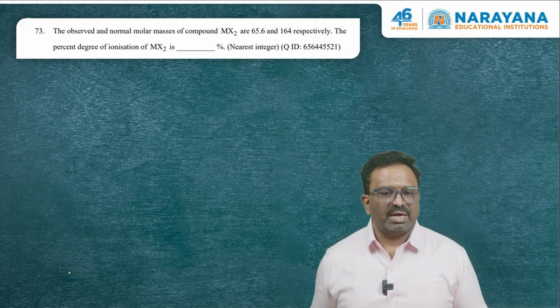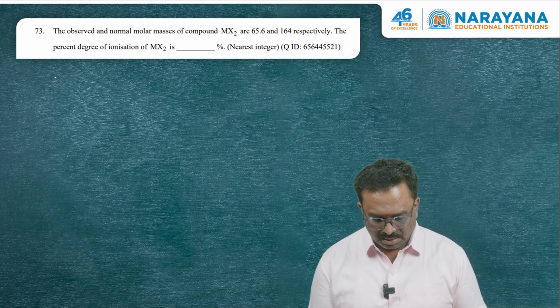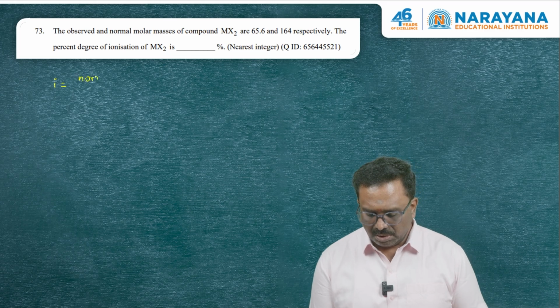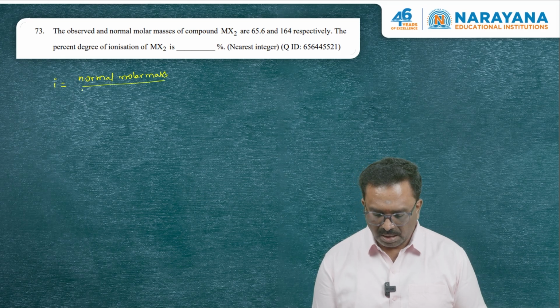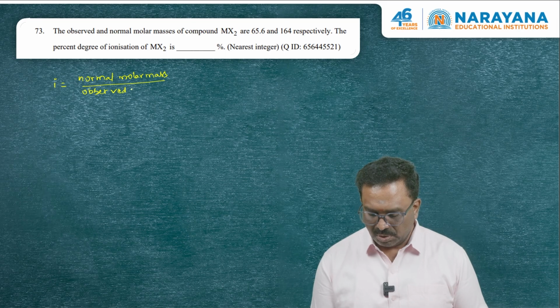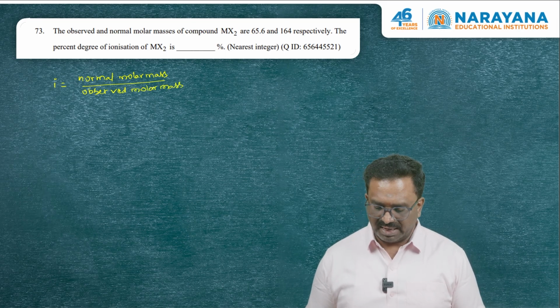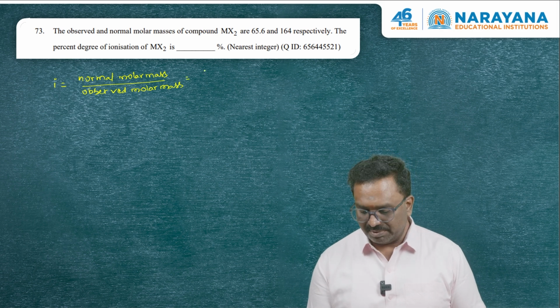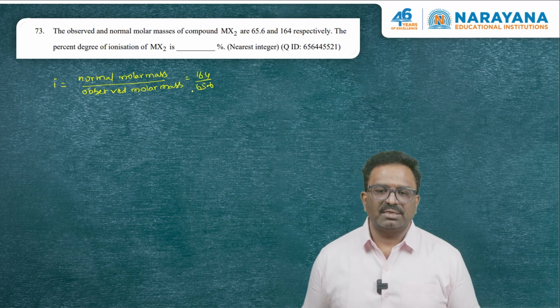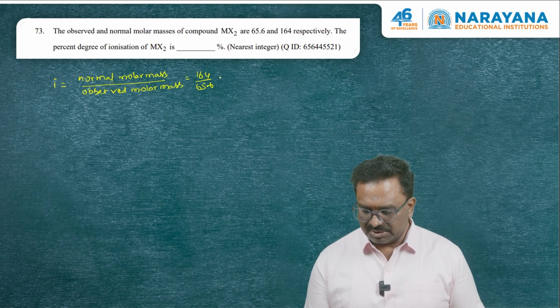So we can identify here I, that is the van't Hoff factor, is equal to normal molar mass by observed molar mass in the solution. So what was given is 164 by 65.6, that was given.